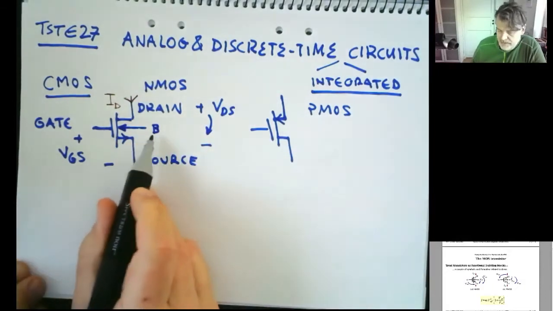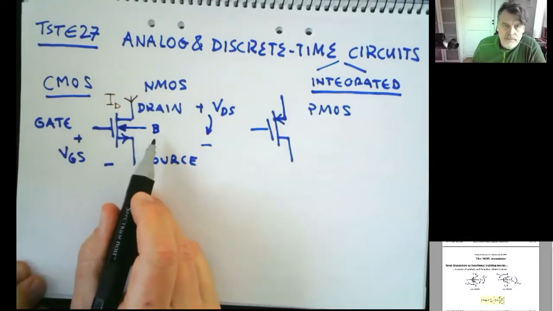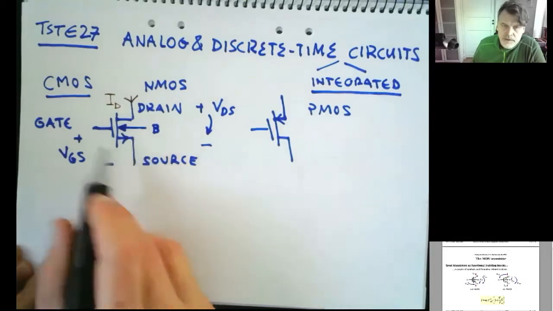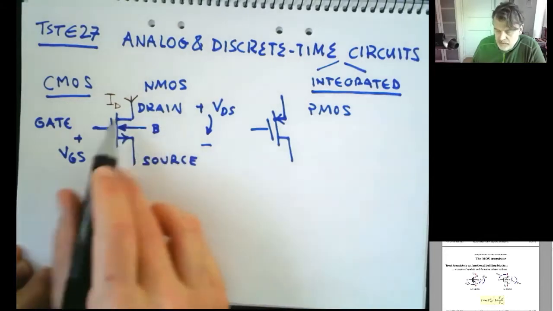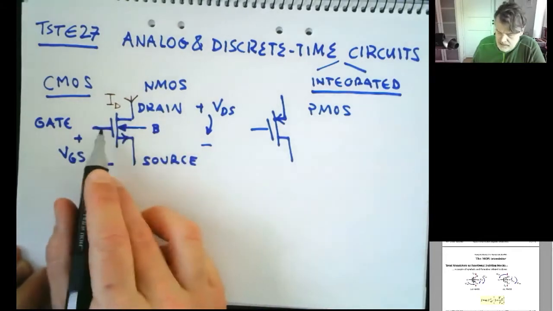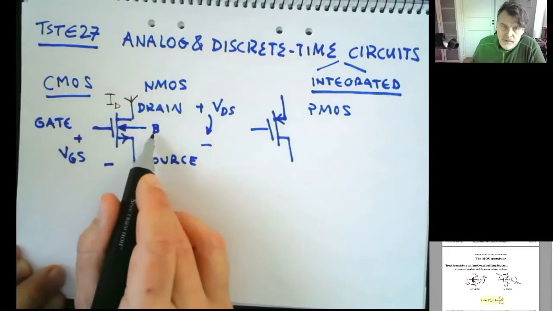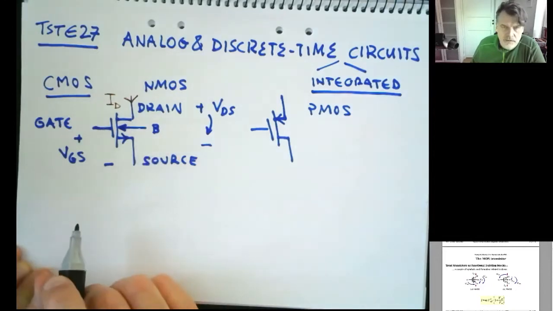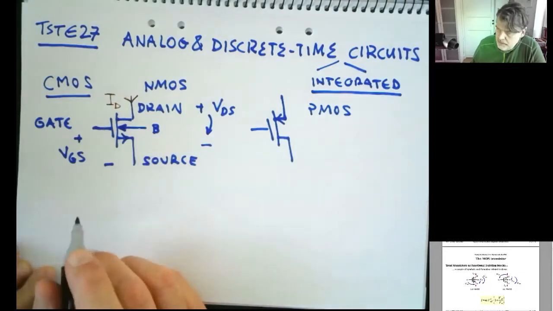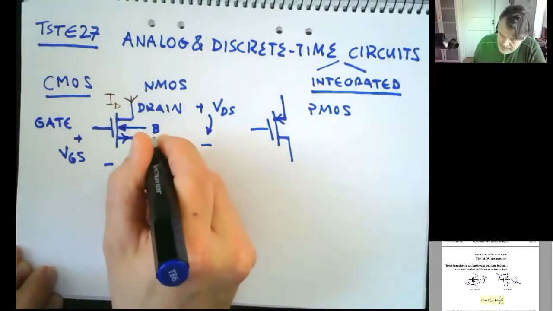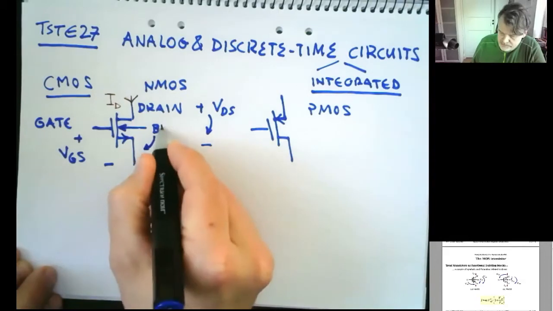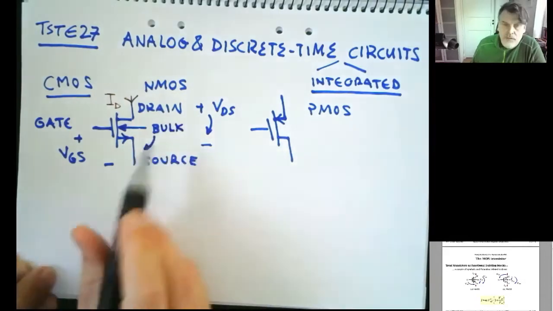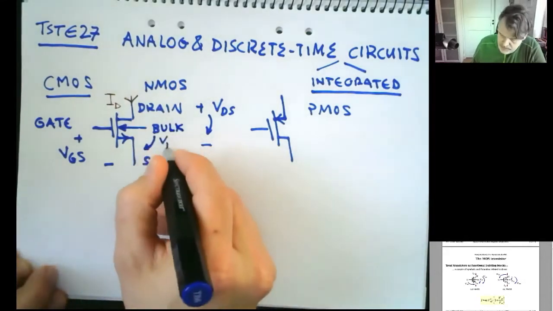The bulk defines the common reference, common ground, or common environment for the transistor. This transistor might be implemented in a piece of silicon with a certain voltage level associated with it. And what is interesting in the formulas is a voltage from the bulk to the source, which we call VBS.